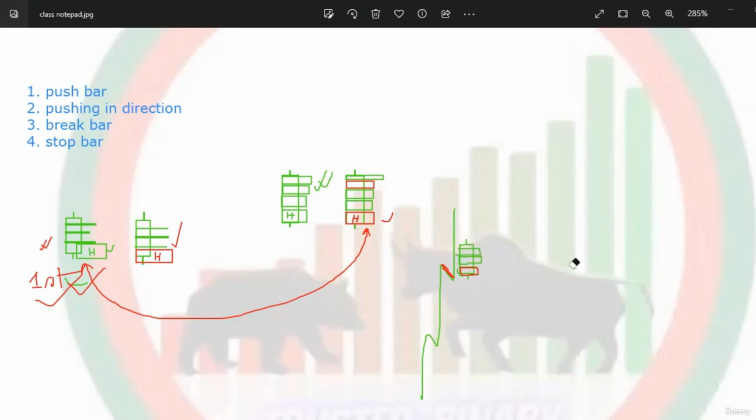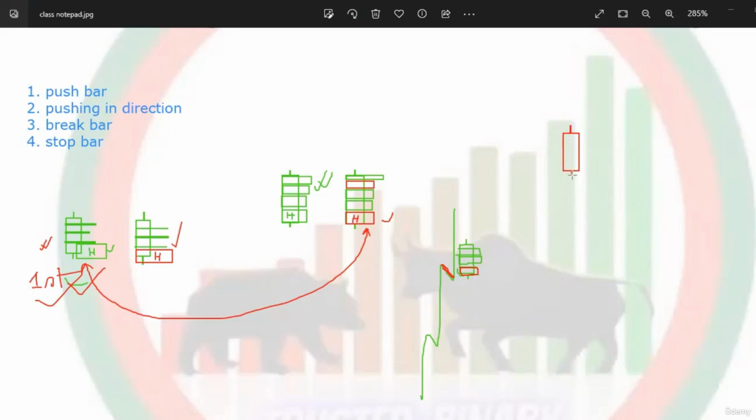So in the downtrend market, we first have to know the bearish candlestick formation. Where is the opening price? The opening price is this one, above, and this is the closing price.